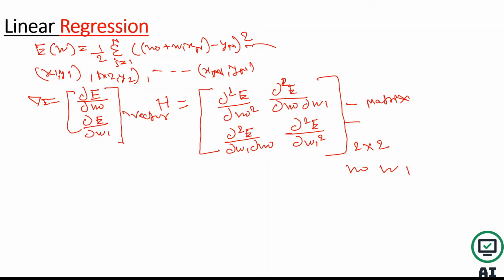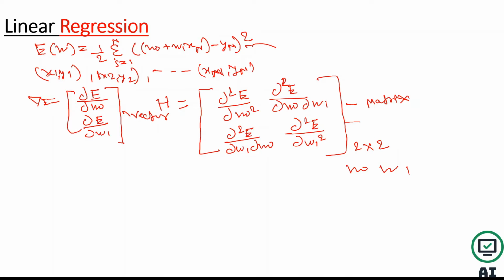What I mean is, because H is a matrix in which every element might be a function of W0 and W1, for all possible W0 and W1, if you are able to show that the corresponding matrix is positive definite, then we can claim that the error function we have got is a convex function.